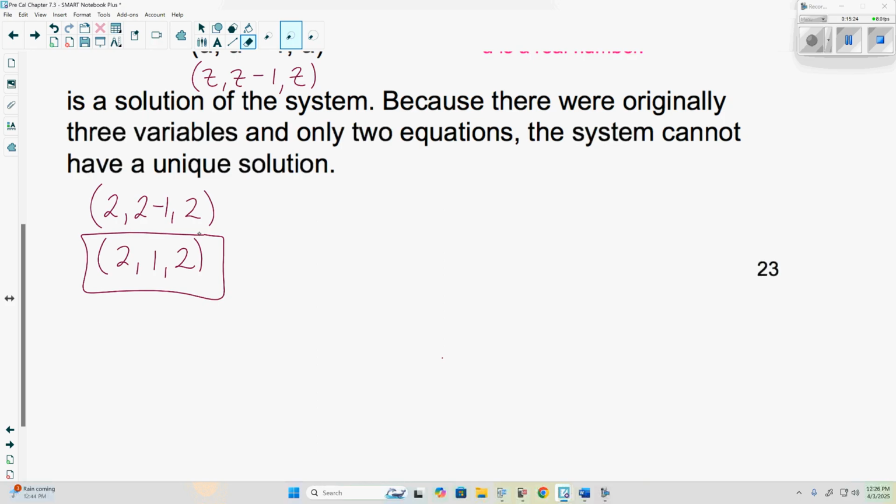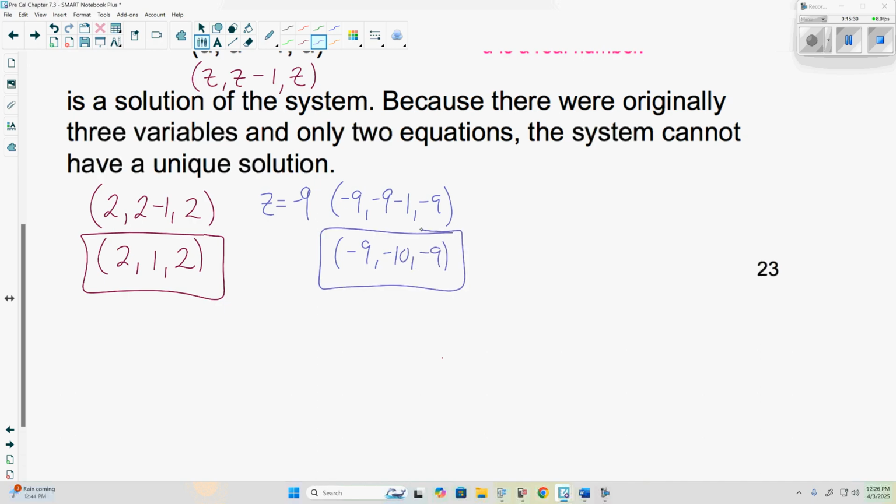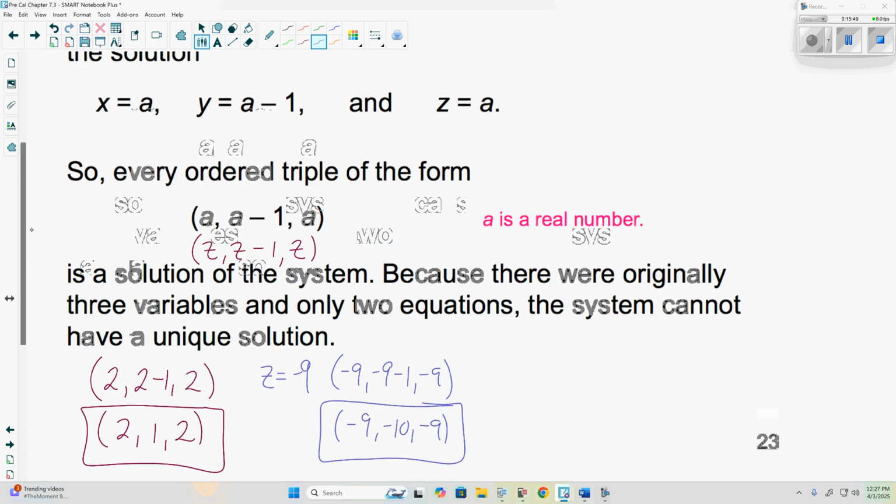That there would be a solution. If we picked that z is negative 9, we'd have negative 9, negative 9 minus 1, negative 9. This here would also be a solution. This here defines any solution from a given value for z. Questions on this here?